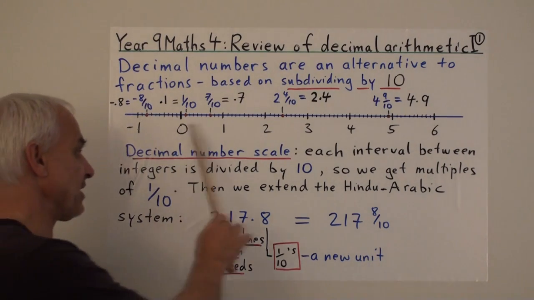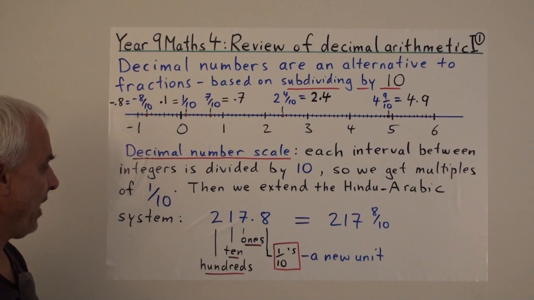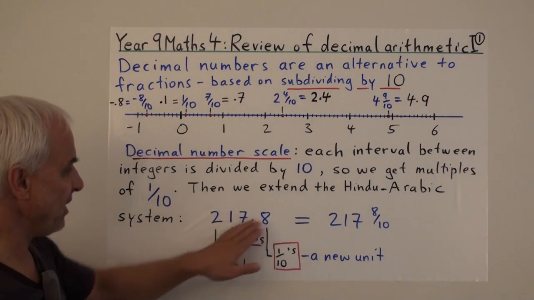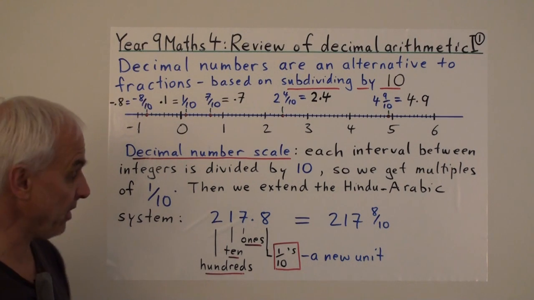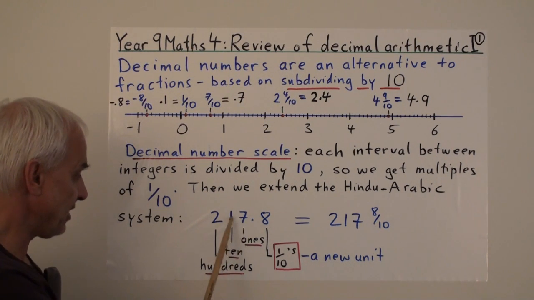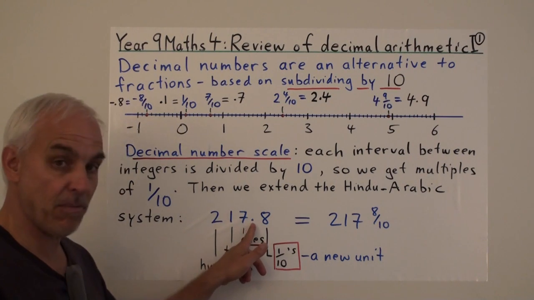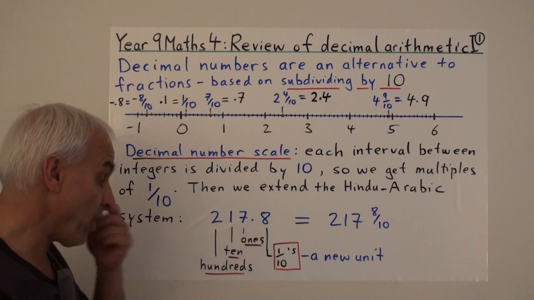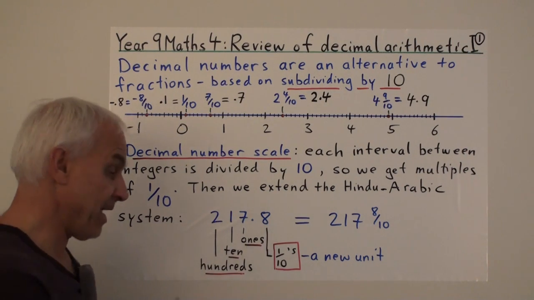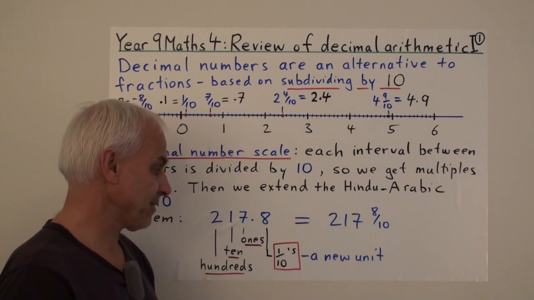And so we're going to get this decimal number scale where we divided each of the intervals by 10. And we're then going to extend this Hindu-Arabic number system that we're very familiar with, involving ones, tens, and hundreds. We're going to extend that by introducing a decimal point to the right and at the bottom of the ordinary number, and then the next number is going to represent the number of 1/10.